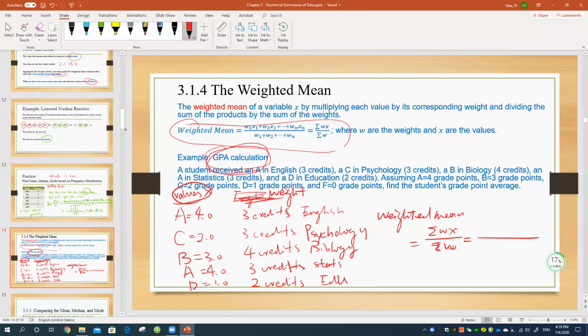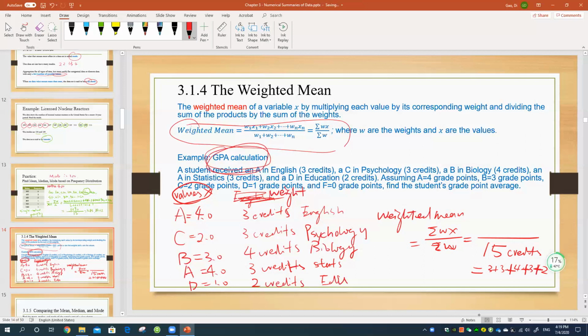So 15 credit hours for this semester. That's the sum of the weight. So it equals 3 plus 3 plus 4 plus 3 plus 2. That's 15.